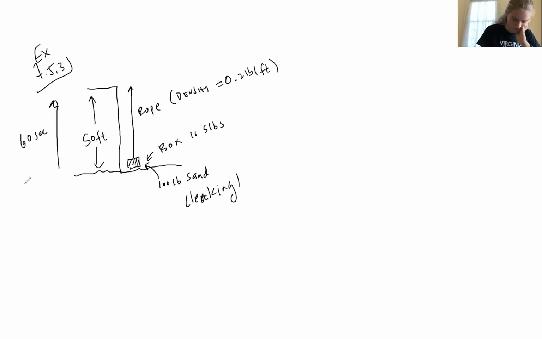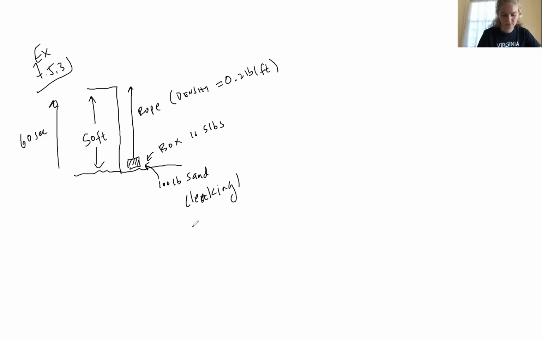But by the time you get to the top, the sand is gone. So it all leaks out and we'll assume it's at a constant rate, so we don't have to worry about whether it leaks out faster at the beginning. I don't want to have to deal with that. We'd have to find a derivative of the rates of the leaking of the sand. Yeah, I'm not doing that. We're going to say it's leaking at a constant rate.